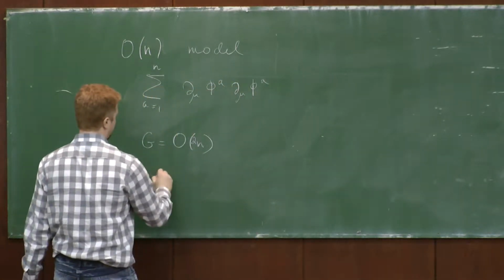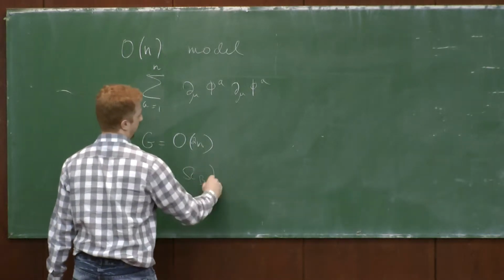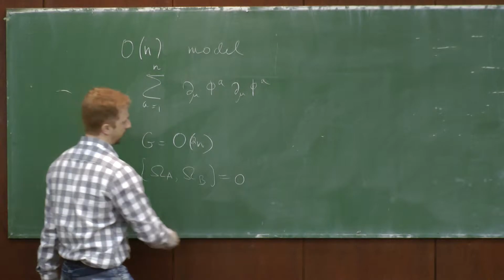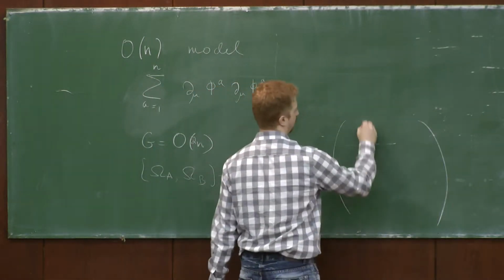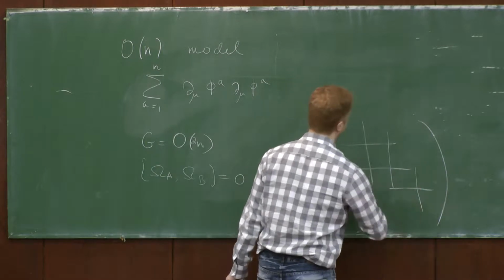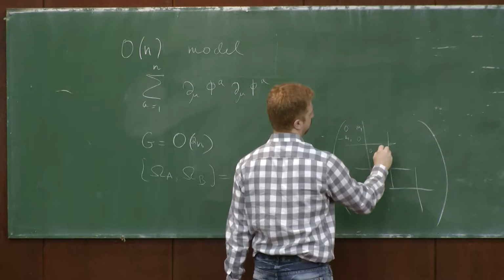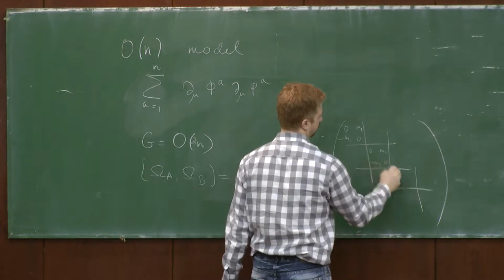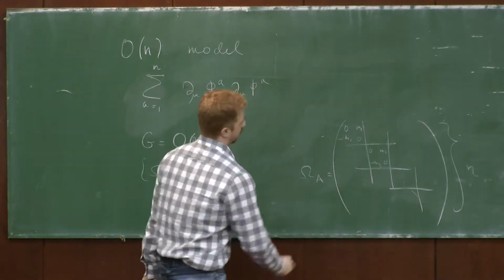Then I need to pick 2 commuting elements in the Lie algebra of O(N). And so we can block diagonalize, so we'll do the n blocks like that.